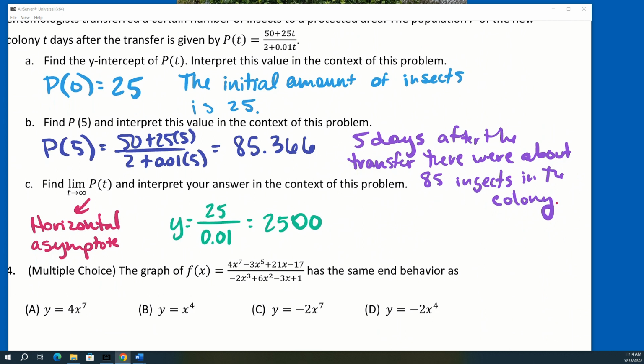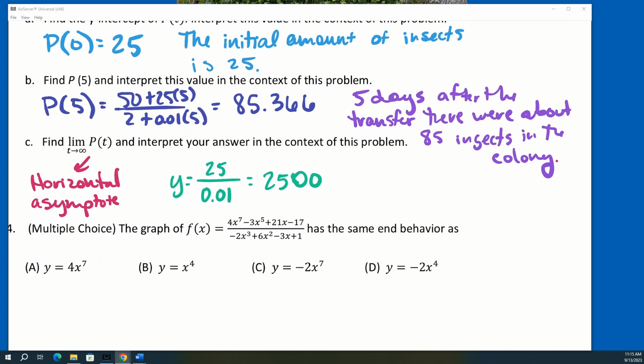All right, so what does this mean in the context of the problem? Right, have you guys in biology, did you study carrying capacity? Some people say yes and some people say no. So that's like the environment will only support this amount of insects. So we can word this a ton of ways.